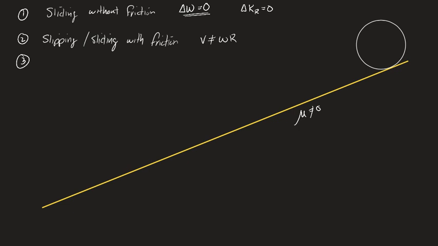So it can have a velocity and an angular velocity, and they may not be the same. The total energy will still be the sum of the translational kinetic and the rotational kinetic, but they're not connected together. However, the friction will cause changes to the angular speed.